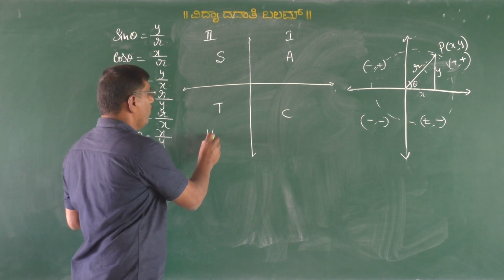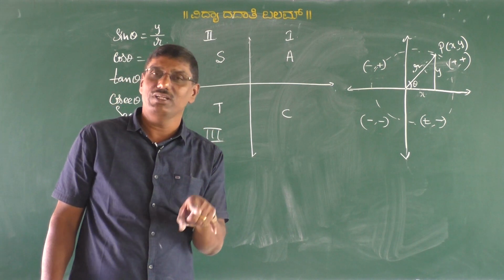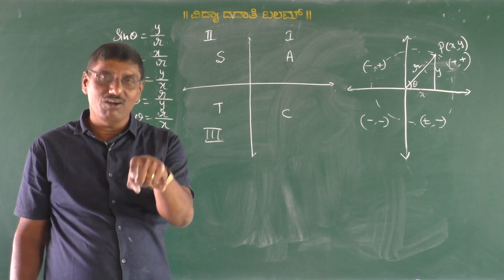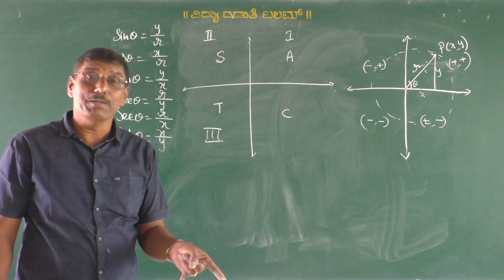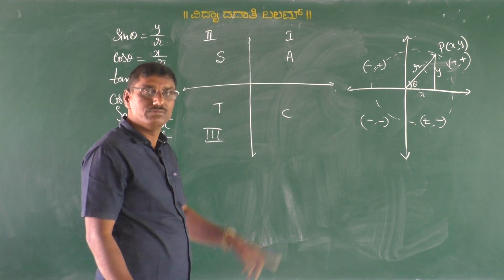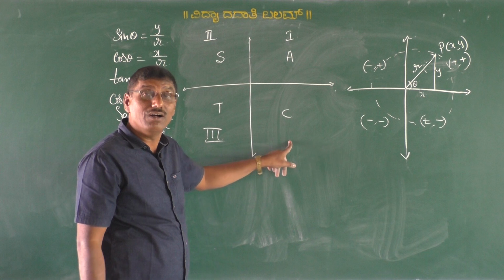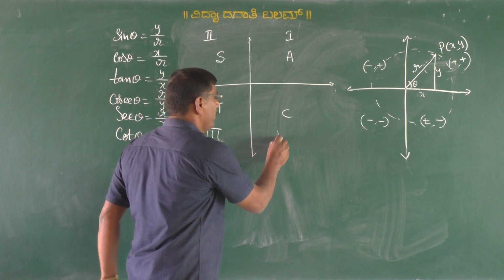T is in the third quadrant. Tan and cot are positive; the reciprocal of tan is cot. That means tan and cot are positive, the remaining are negative, my dear students. The last one, C: cos, whose reciprocal is secant, in the fourth quadrant.